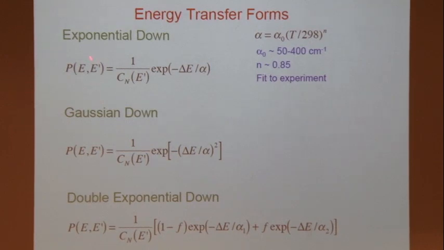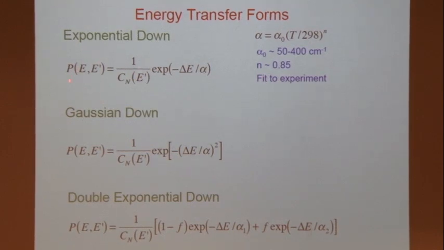So a lot of people will use this formula and say that the probability of the energy transfer depends exponentially on how much energy is being transferred. This is used a lot, and there's a rough argument that it should be like this.